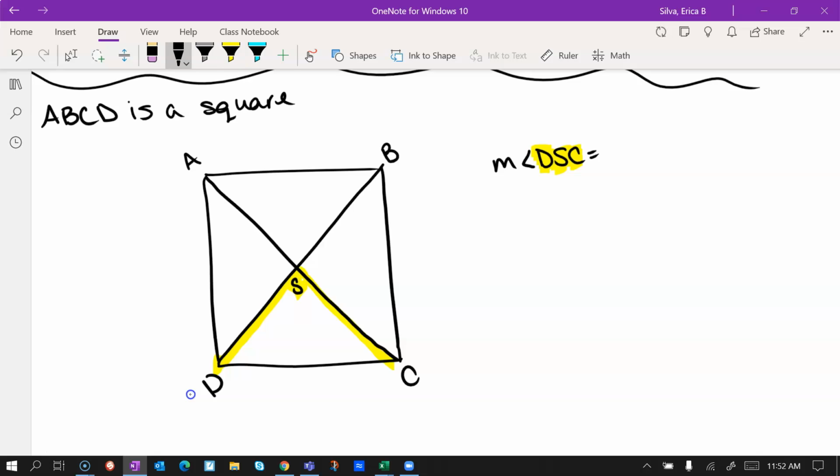What's the measurement of that angle? If this is a square, our diagonals bisect at how many degrees? 90 degrees. So angle DSC is equal to 90 degrees.